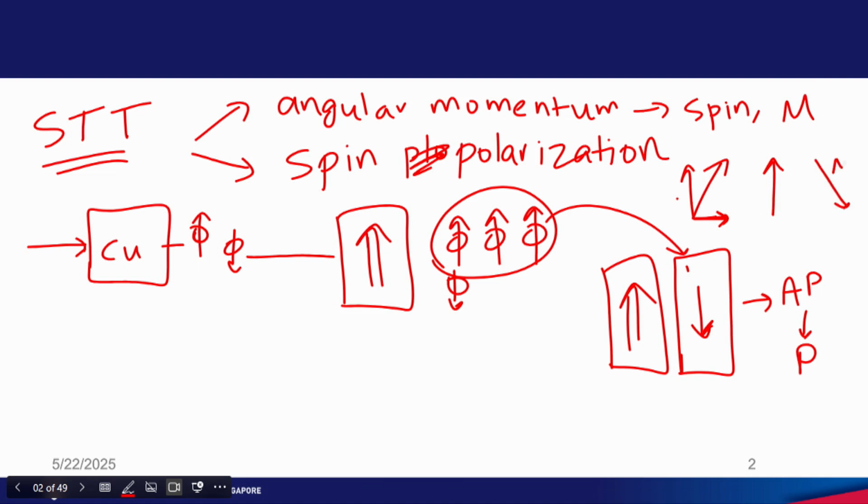For example, if the magnetization is like this, then there will be a horizontal component which is perpendicular to this spin. So torque will be non-zero only when a component of spin or magnetization are perpendicular.